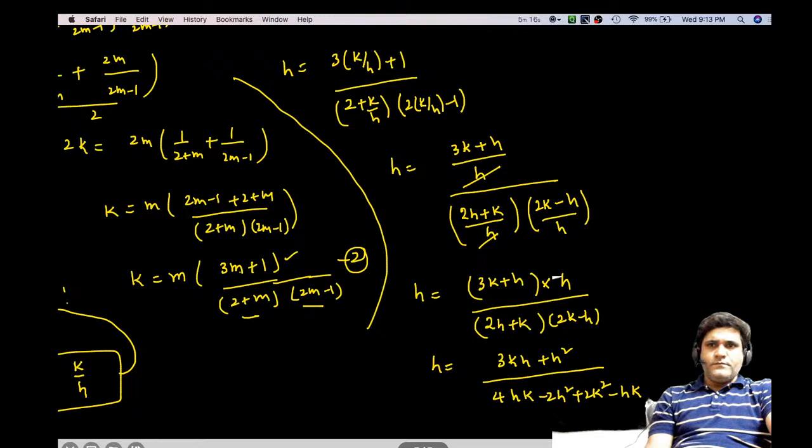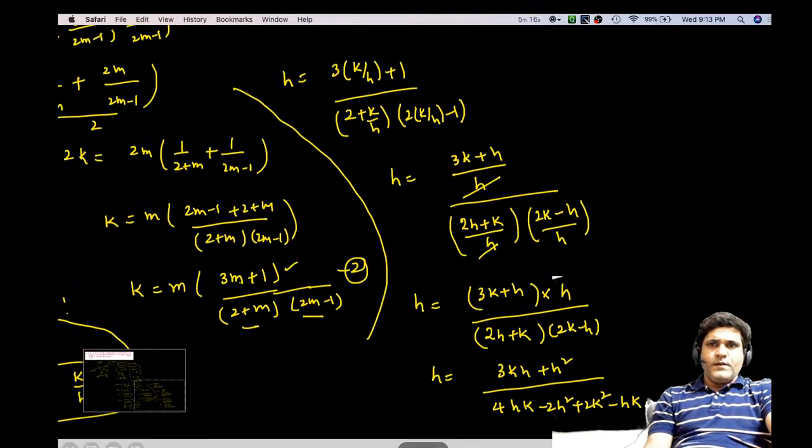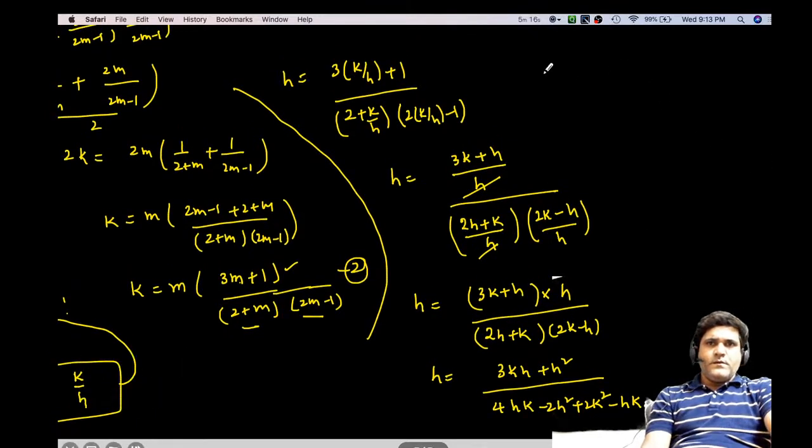So next, h is equal to, what you get, 3hk plus h square over 4hk minus hk, that is 3hk, minus 2h square plus 2k square.